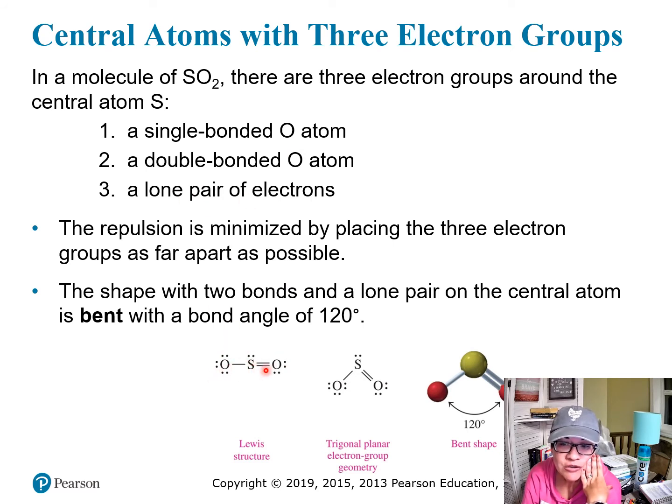So it's not actually going to have this shape, because this lone pair of electrons is going to be pushing those other electrons down. It seems like it would have a trigonal planar shape, but this lone pair up here is really good at pushing those down, so we actually call this a bent shape. This lone pair here is kind of imaginary, like it doesn't exist.